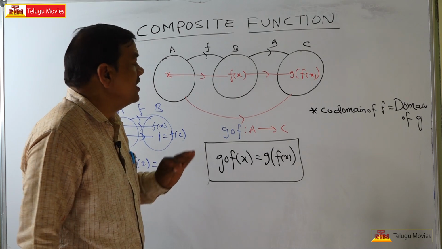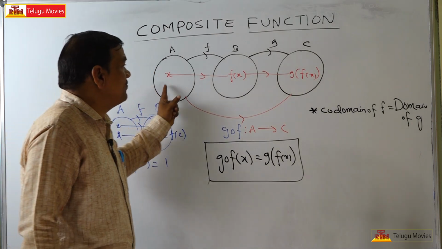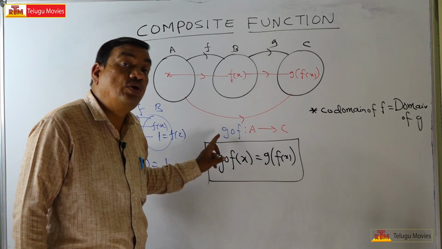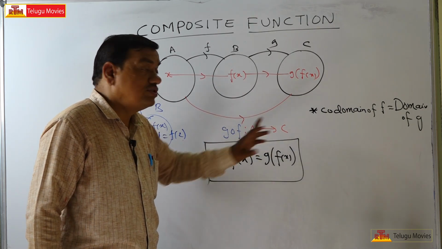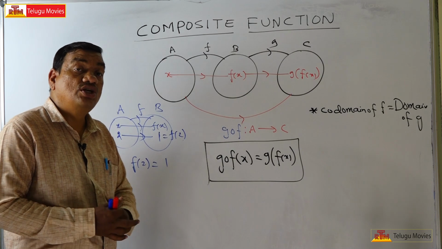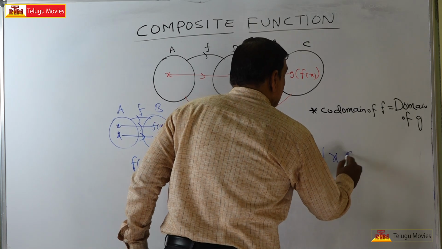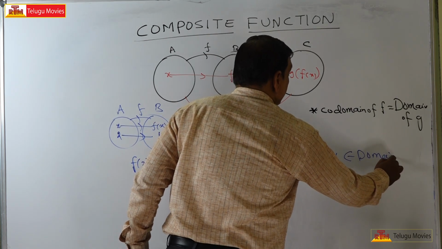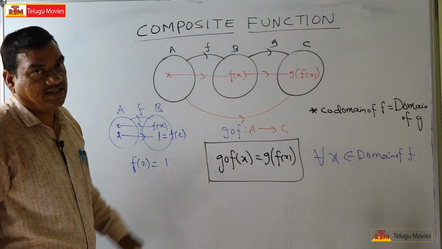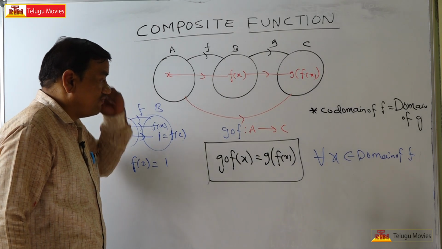Then there exists a function from A to C, denoted as G circle F from A to C and defined as G circle F of X is equal to G of F of X. A very important point to note is that this holds for all X belonging to the domain of F. So this is the definition of the function G circle F.